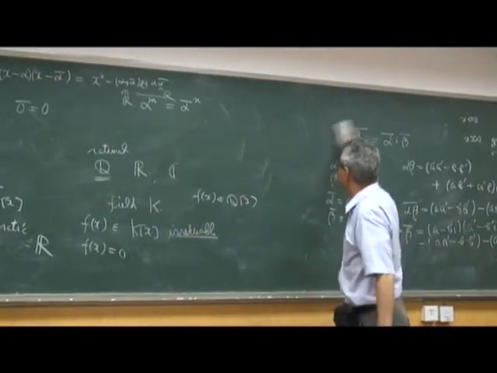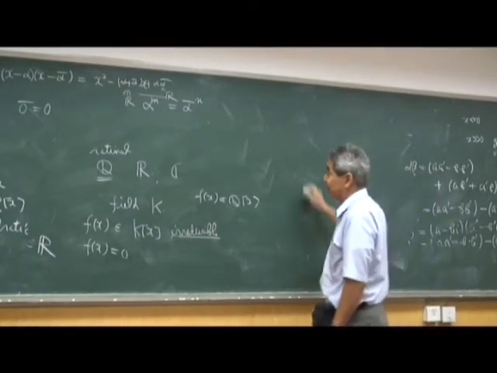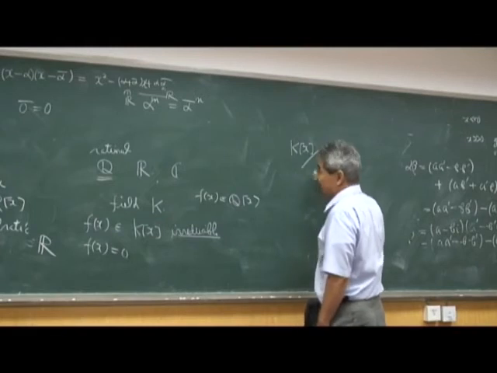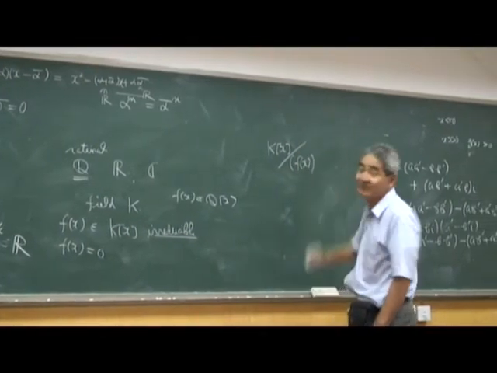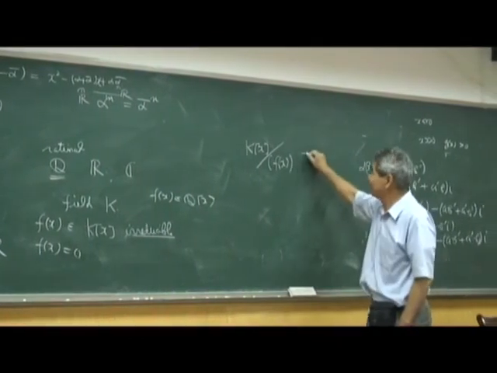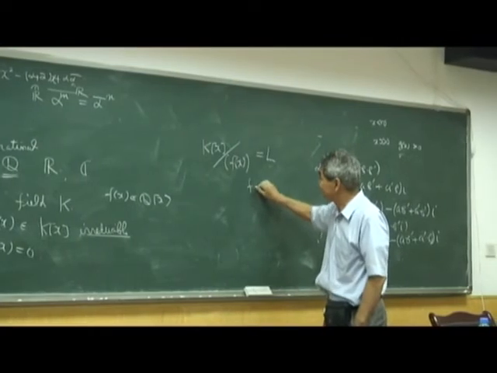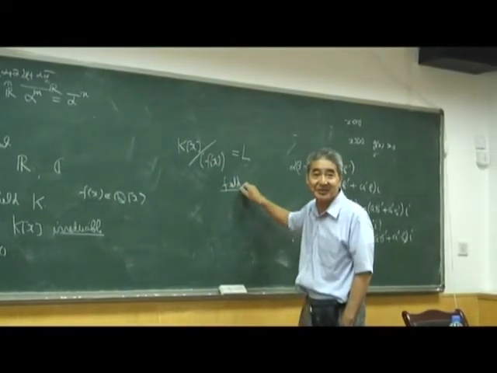And then what you can show is that you can take the quotient by the ideal generated by this polynomial, and this gives you another field. So that I have to explain tomorrow a little bit.